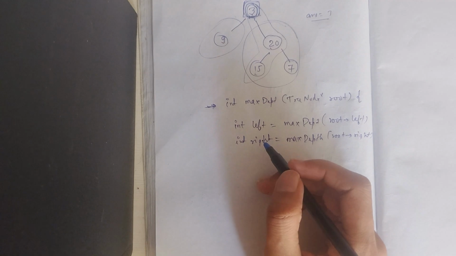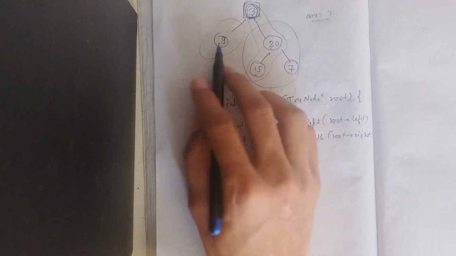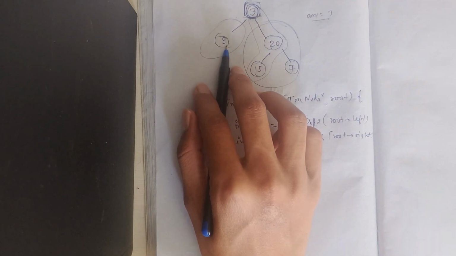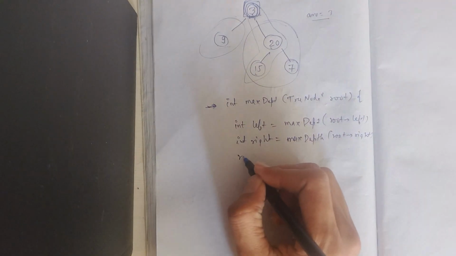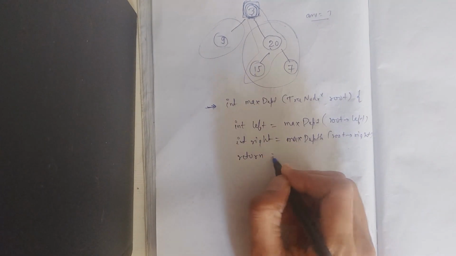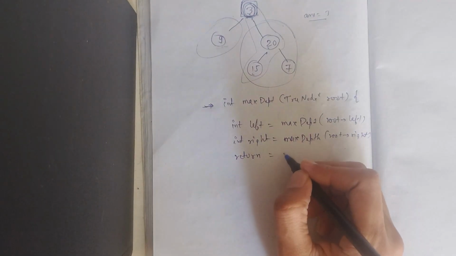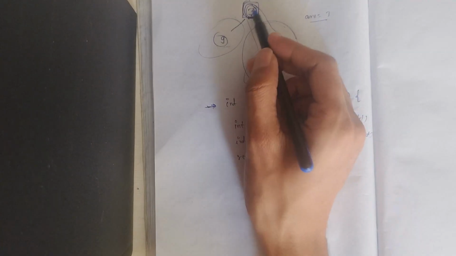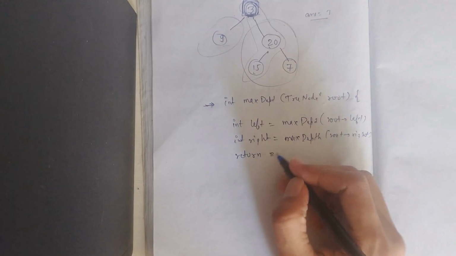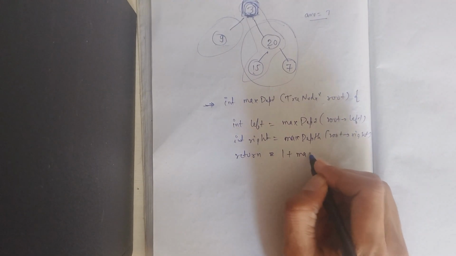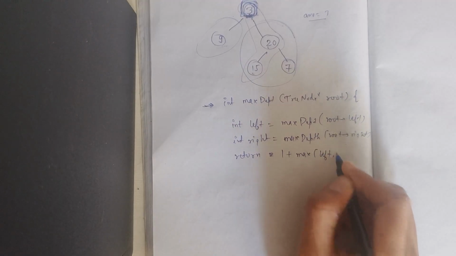Now how will we return the answer? Suppose this is 1, left will give 1 and right will give 2. So what is the maximum? The maximum will be returned. We have to include 1 also. So 1 plus the maximum from left and right.